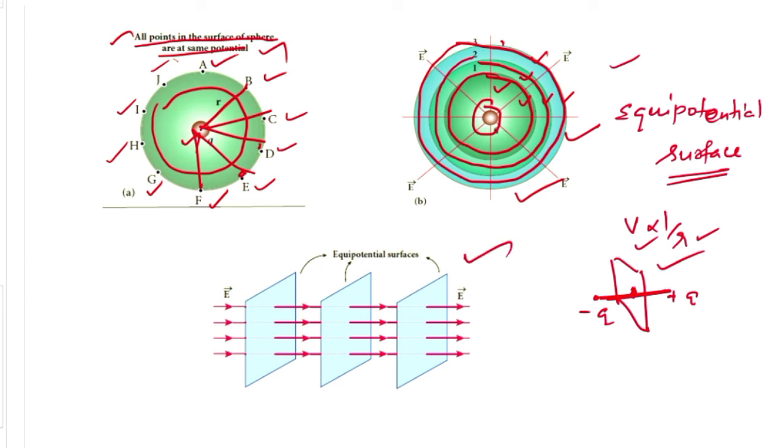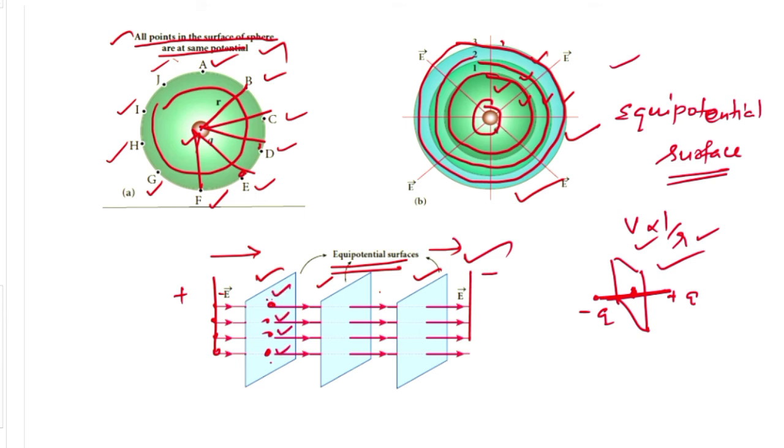For a uniform electric field, how do we construct equipotential surfaces? We can have n number of parallel surfaces which are equipotential surfaces. Why is this surface called an equipotential surface? Here the electric field is going from left to right, and it is uniform. There will be a positive plate on one side and a negative plate on the other, so the electric field goes from positive to negative. Looking from here, this point, this point and this point are all at the same distance, so the potential will be the same at all these points.